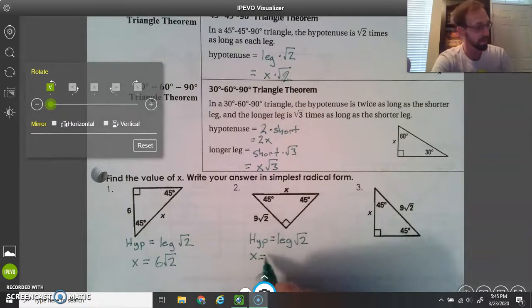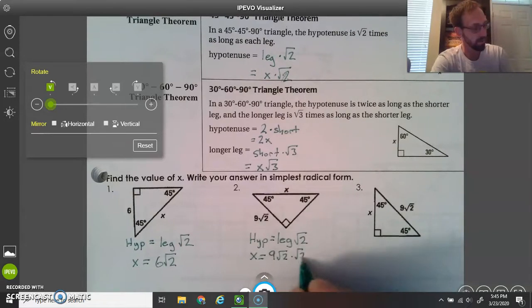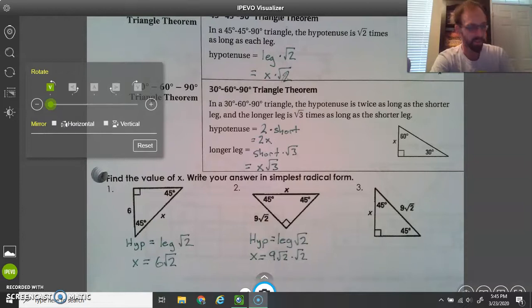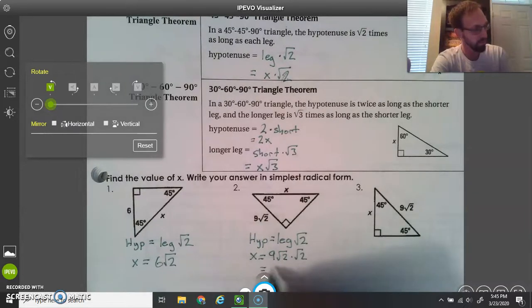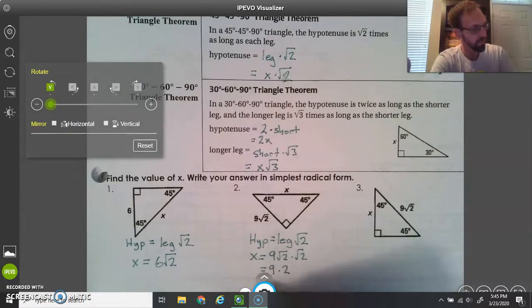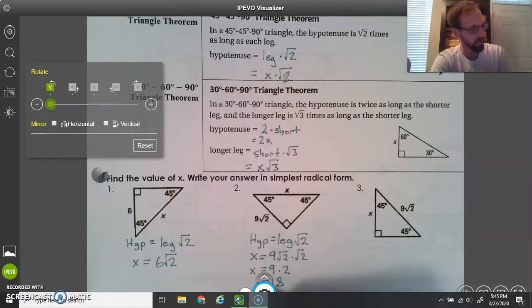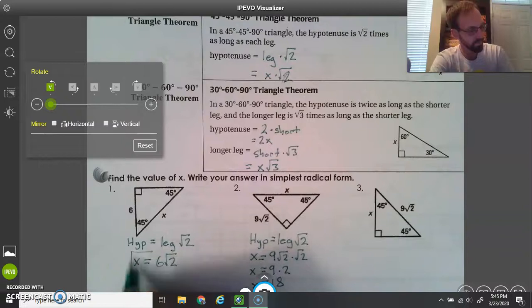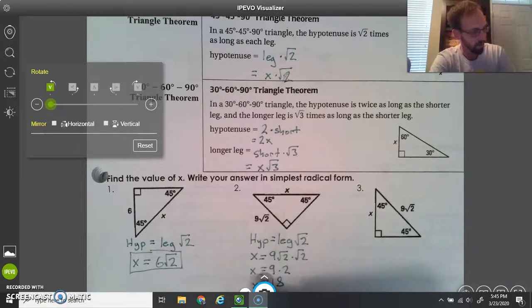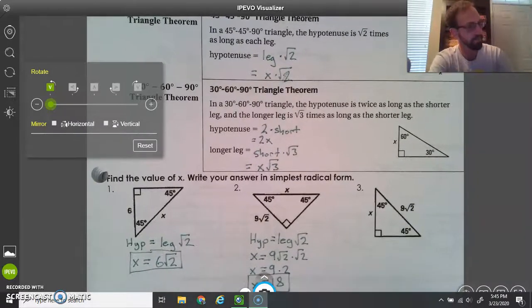The leg is 9 square root of 2, and we're taking that times square root of 2. Square root of 2 times square root of 2 gives you 2. So we have 9 times 2, that's 18. So x equals 18. Probably should box my answers. Be a good role model.